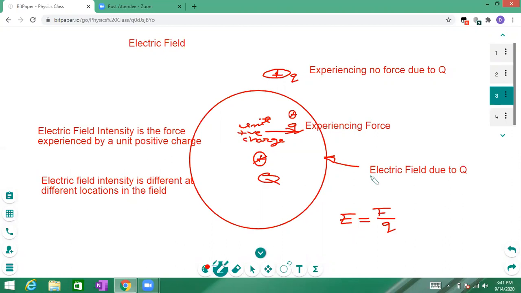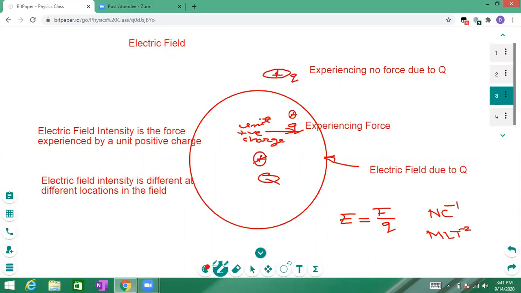So this is the expression of electric field intensity, and from this expression we can find out the SI unit of electric field intensity. It is obvious that the SI unit of electric field intensity is Newton per Coulomb. And we can also find out the dimensional formula, because the dimensional formula of force is MLT minus 2.